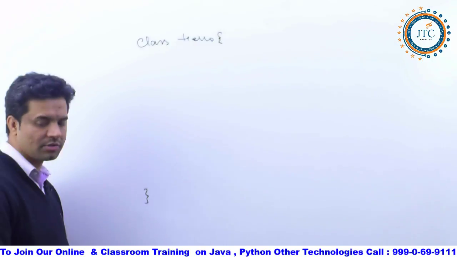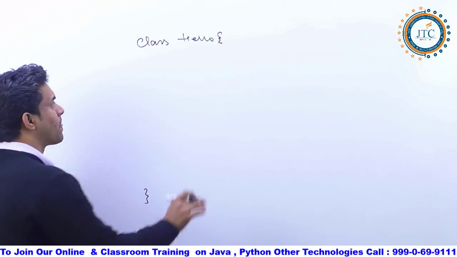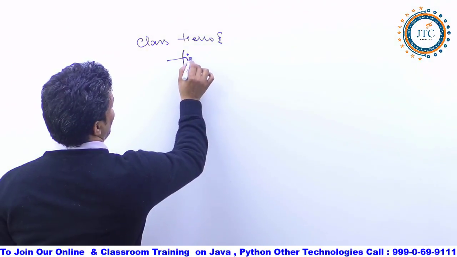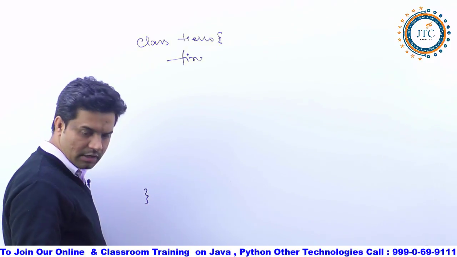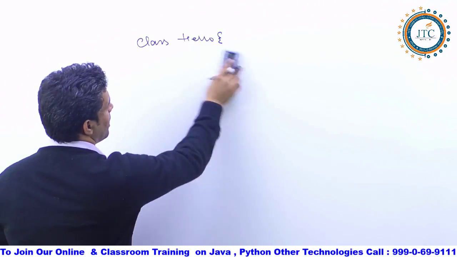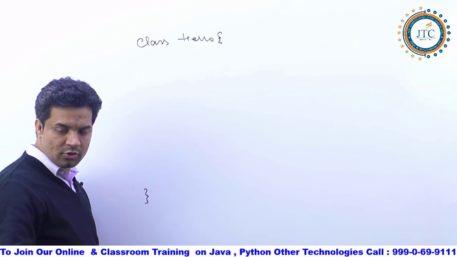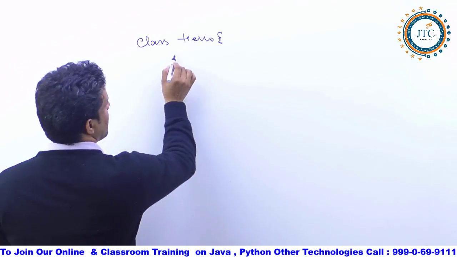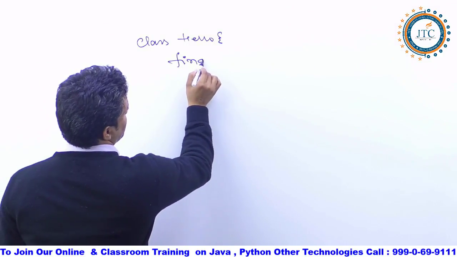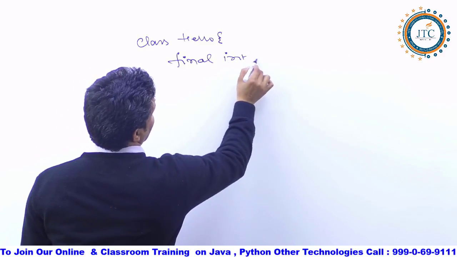And next, all of you should answer this question. Here I am writing an example, and you tell me what the answer should be. I am writing final int a.